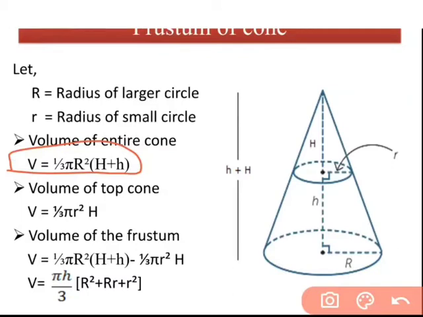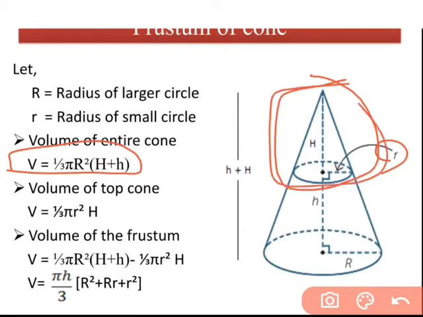Second, find out the volume of the top cone, that is this portion. The volume of the cone V is equal to 1/3 pi into radius small r square, into height capital H.